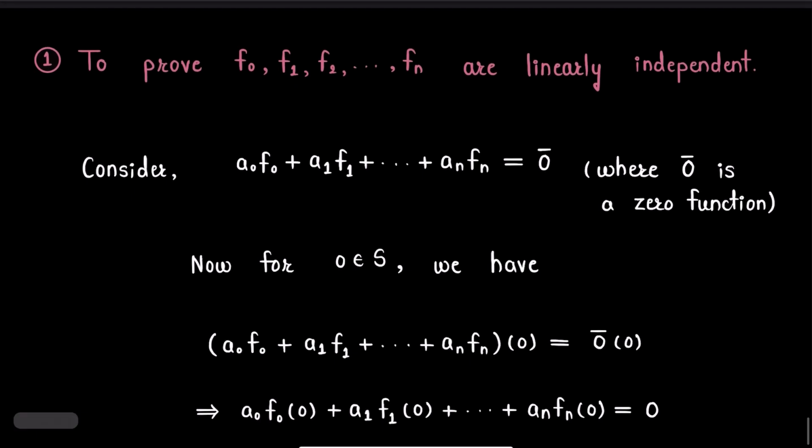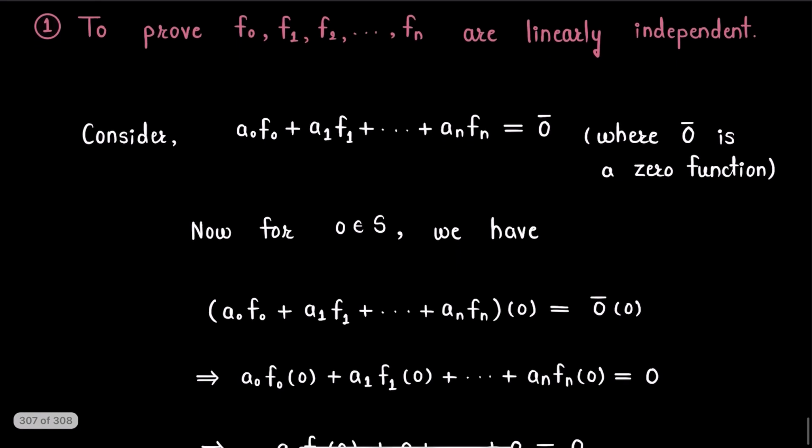Now, to prove f0, f1 up to fn are linearly independent, consider this linear combination a0 f0 plus a1 f1 plus and so on plus an fn equals to 0 bar, where this 0 bar is the 0 function. 0 function is the function for which image of every element is 0.